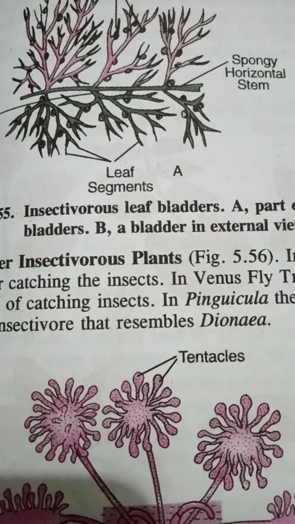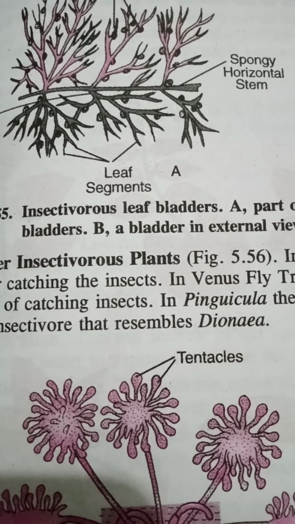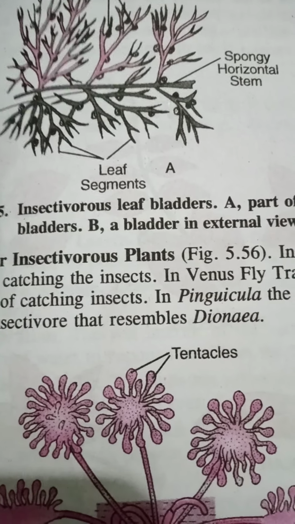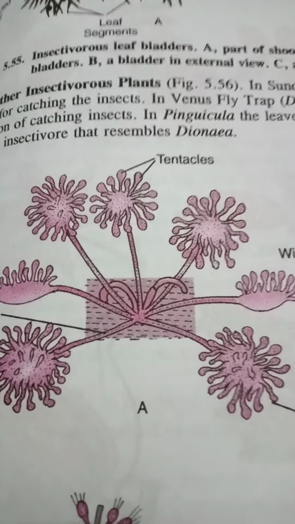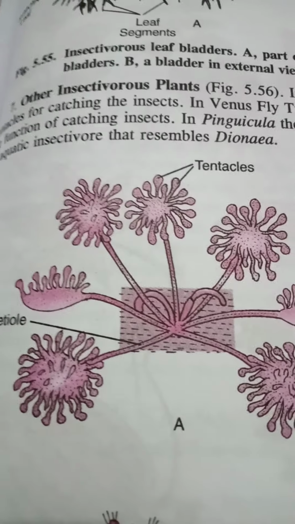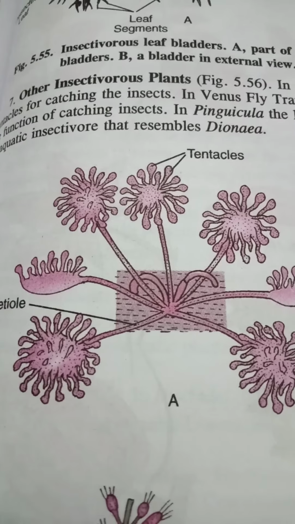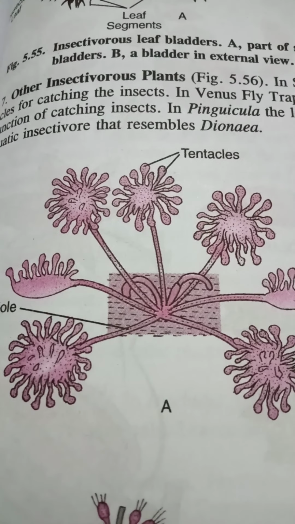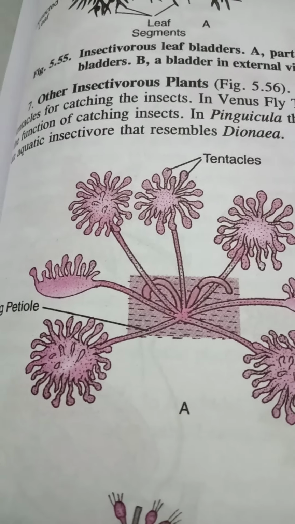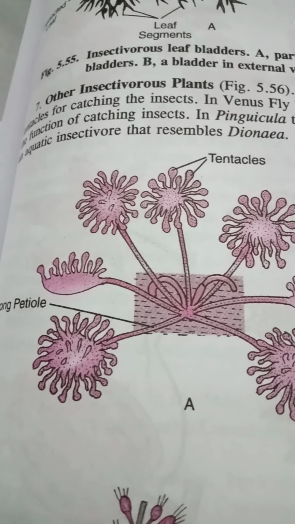Then colored leaves, as for example in poinsettia, the leaves borne near the cyathium are brightly colored. They attract the insect and help in pollination. Then floral leaves are there, as for example the sepals, petals, stamens, carpels.